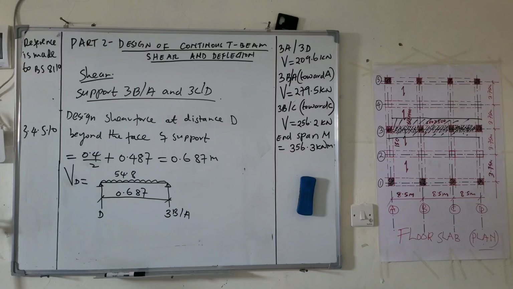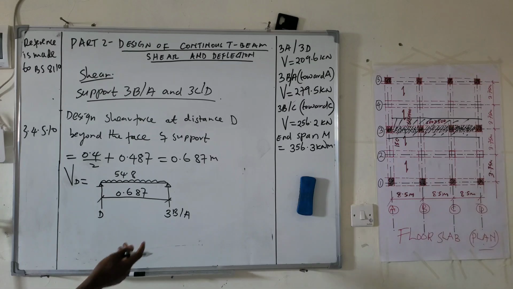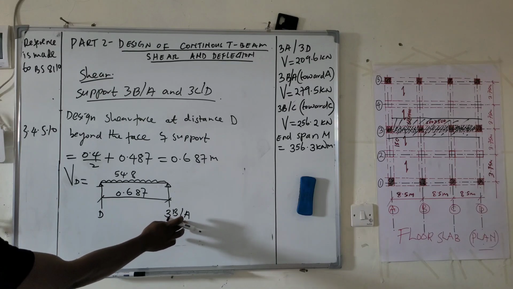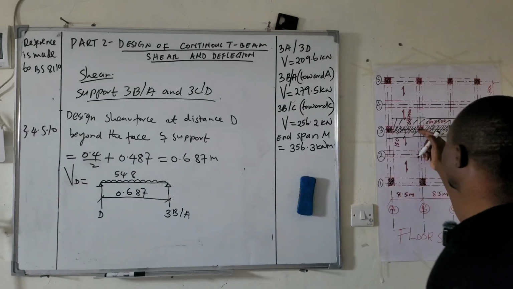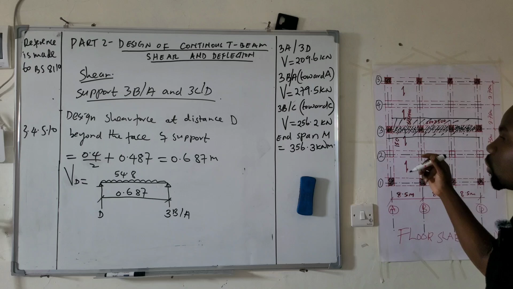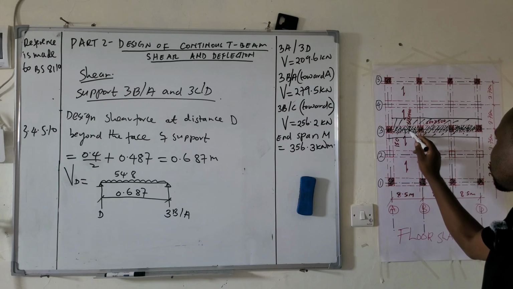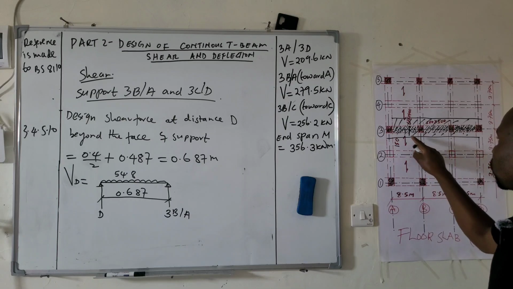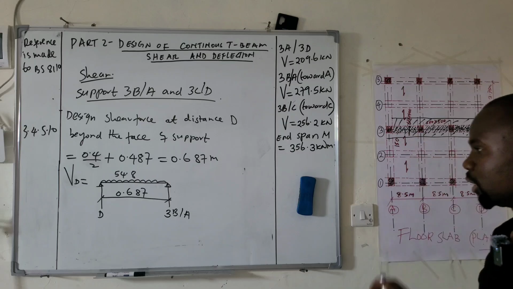So to obtain the shear force at D, which is critical, remember we are moving from 3B, we are moving to this side, 3BA. So our D is somewhere here, let's say somewhere there.